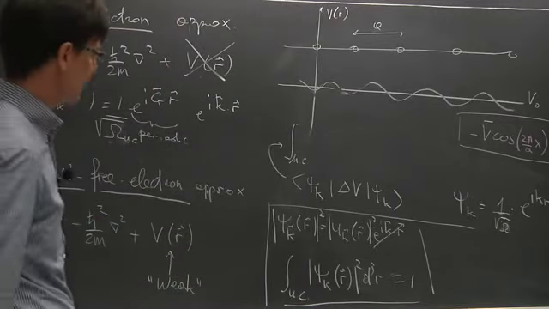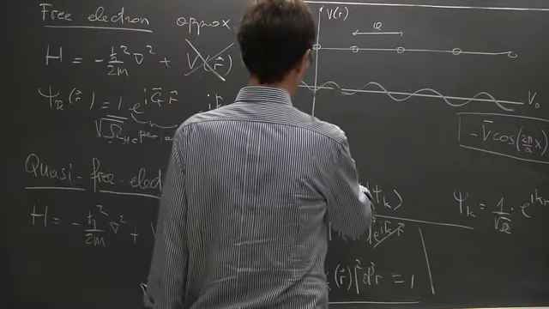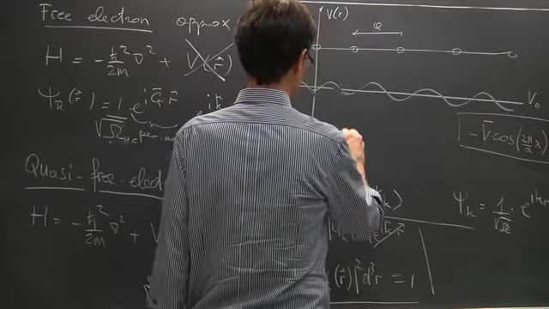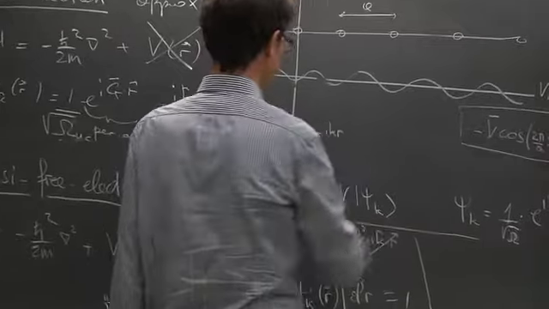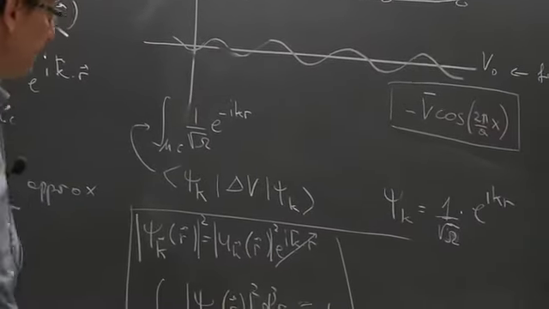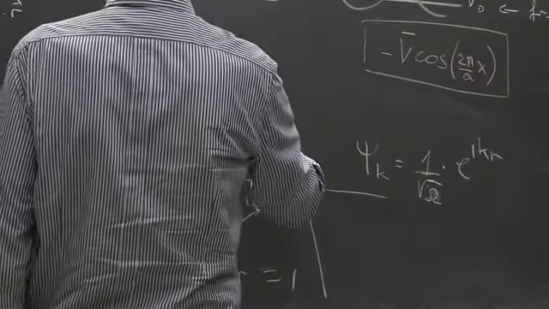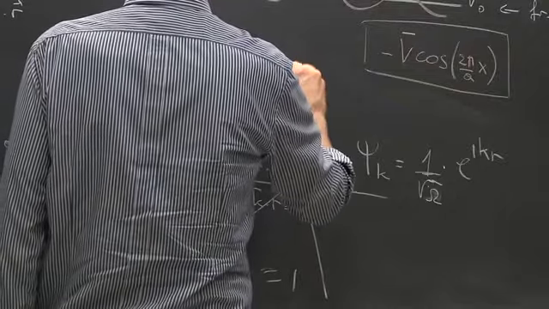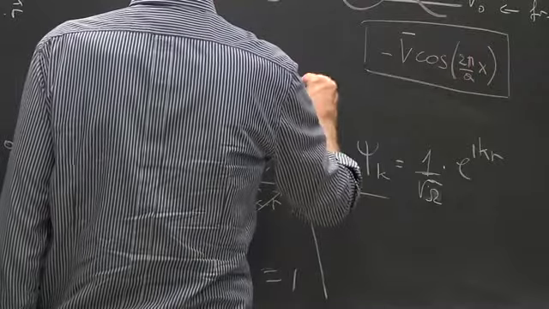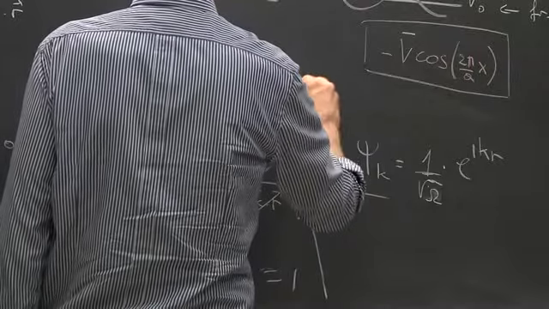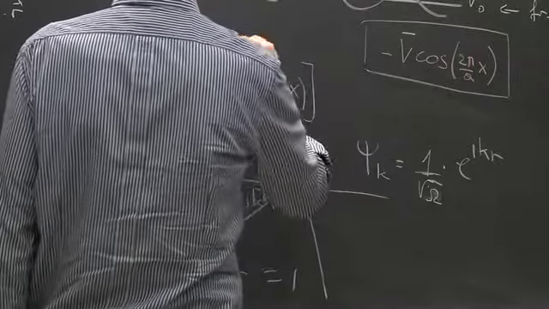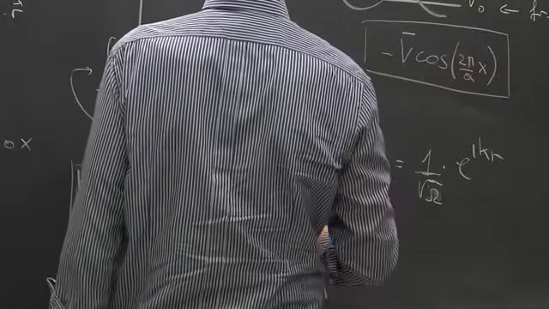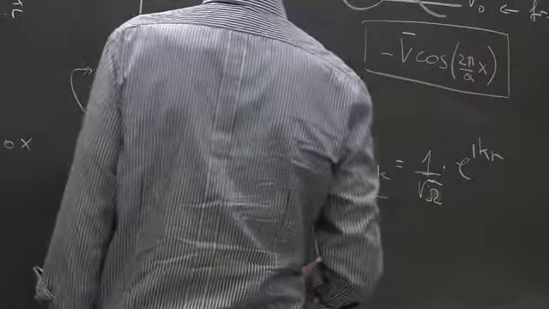I can do it in the unit cell of 1 over square root of omega e to the minus ikr, psi k star, delta v minus v bar cosine 2 pi over a x, times e to the ikr.